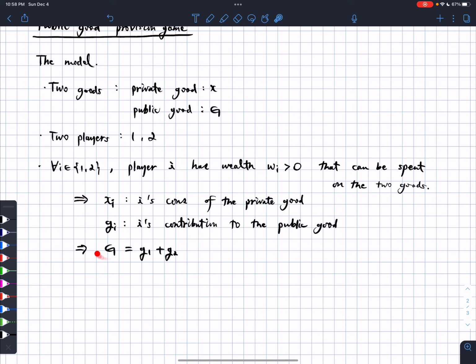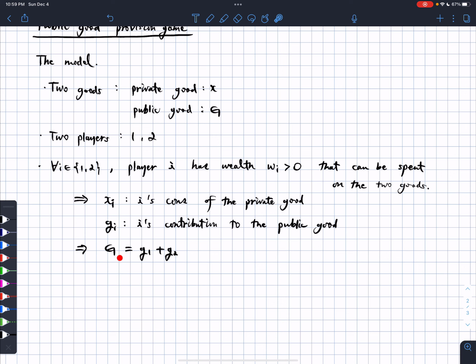So if you think of this G as, say, individuals' tax payment to support some public projects like building roads or building infrastructure and maintaining security forces and so on, then the individuals are determining how much they're going to contribute to support those public projects.